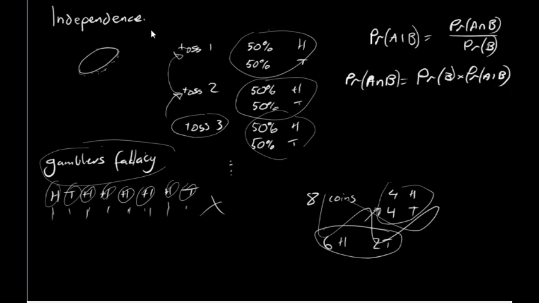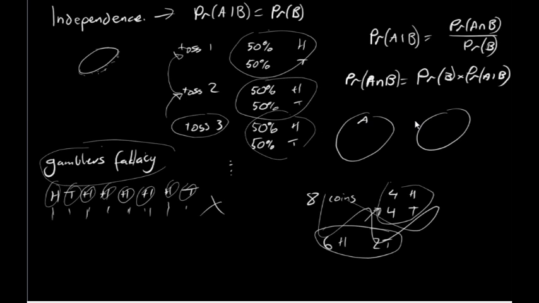Now, if we have an independent event, the probability of A given B is just going to be the probability of A, because, like I said in the last video, if they're two independent events, here's A, here's B, if I select B, I cannot select A because there's no intersection.